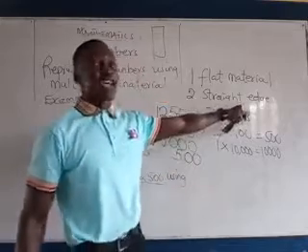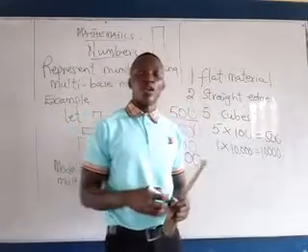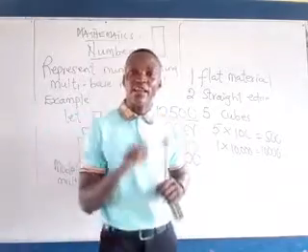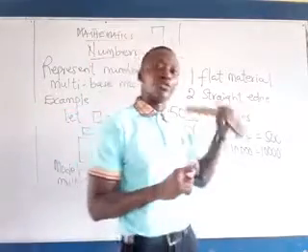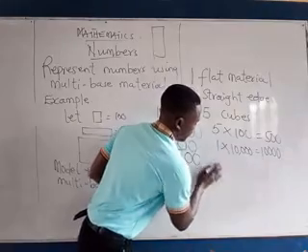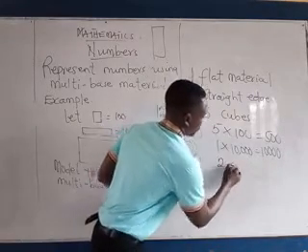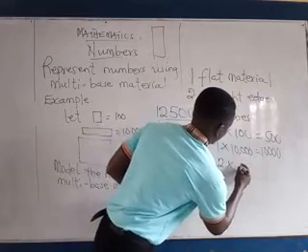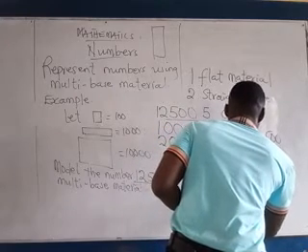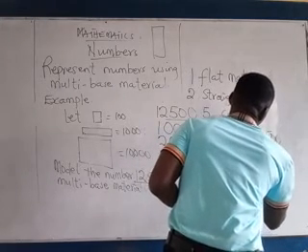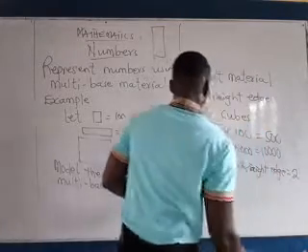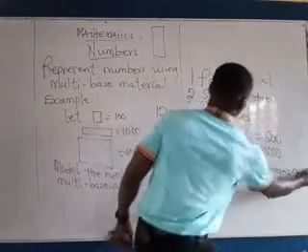Then 2 straight edge, and 1 edge is equal to 1,000, so we multiply 2 by 1,000, giving us 2,000.